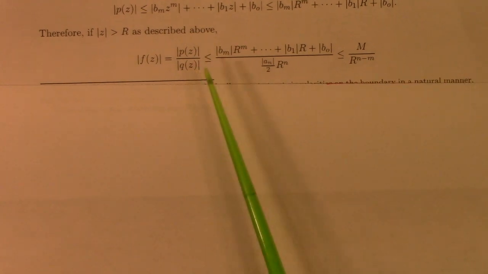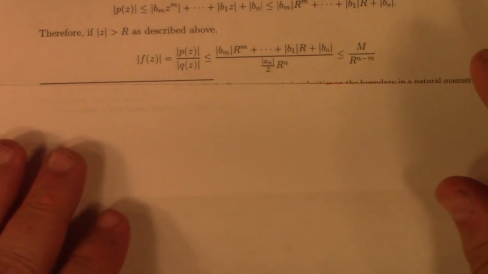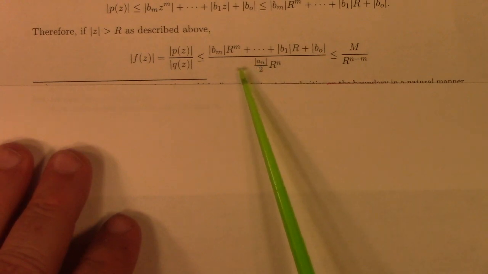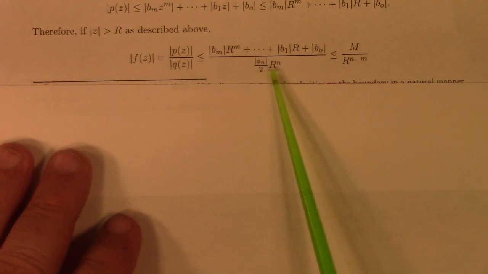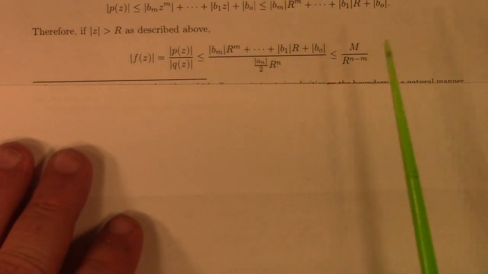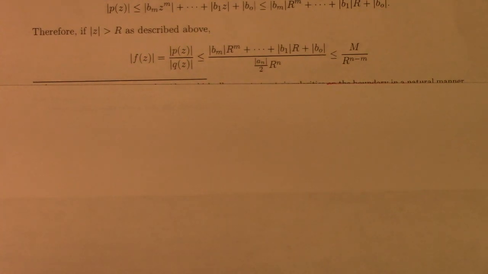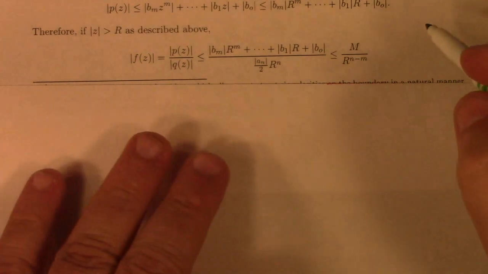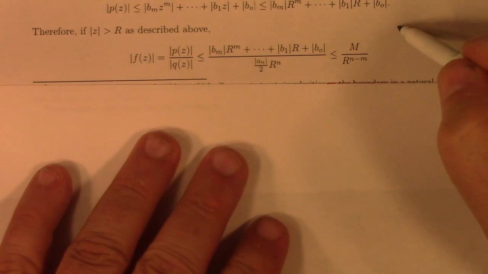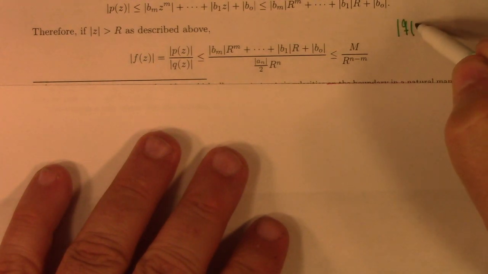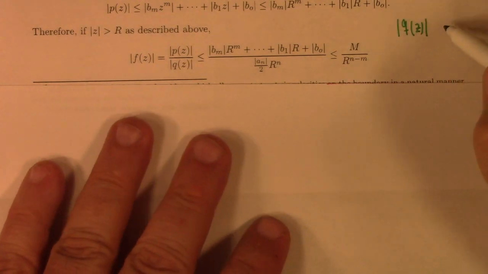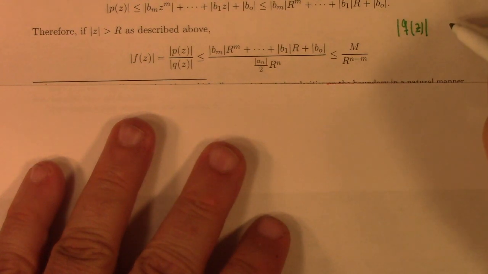But by the homework problem, we can make q of z, I mean, in our homework we showed that there's an m that we can make. Let me just write the result down again. We proved that for r sufficiently large, we could make the modulus of q of z greater than or equal to m times r to the n, if I remember right.